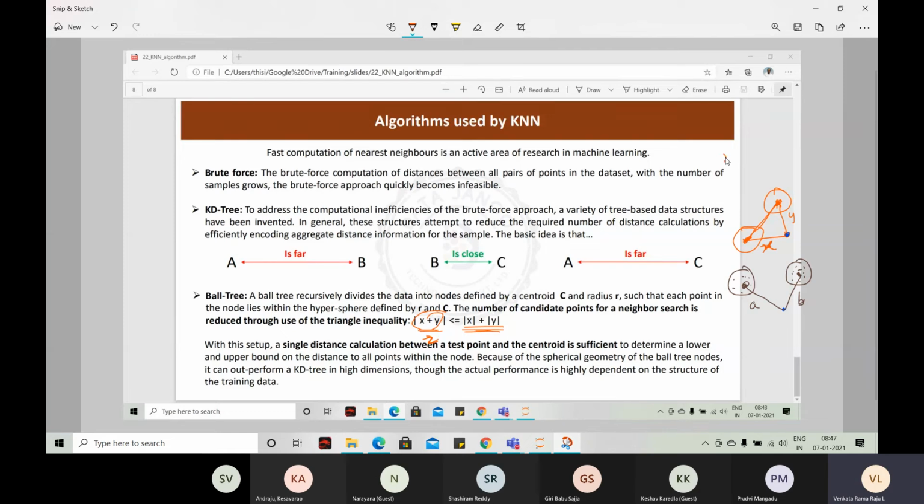Now I need to say x plus y is less than or equal to mod x plus mod y. So I am trying to choose one centroid, one centroid which is close. How is this equation helping? That's your question, basically.